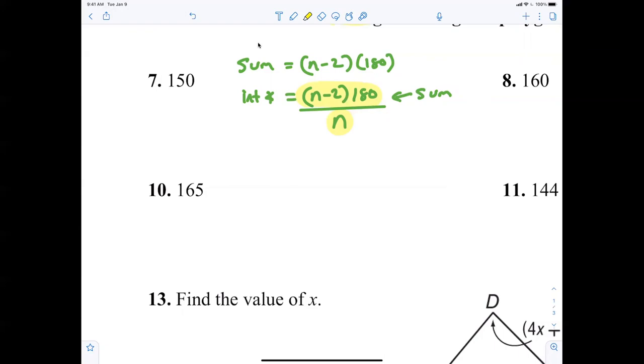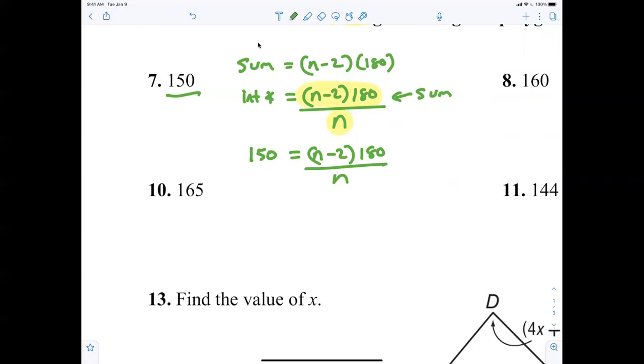So now they're telling me that each angle is 150 degrees. So if each angle is 150 degrees, it would be 150 is equal to n minus 2 times 180 divided by n. So that's just a little algebra problem. So how do I get rid of divided by n?